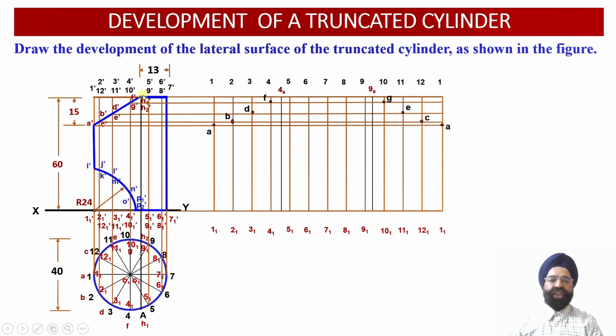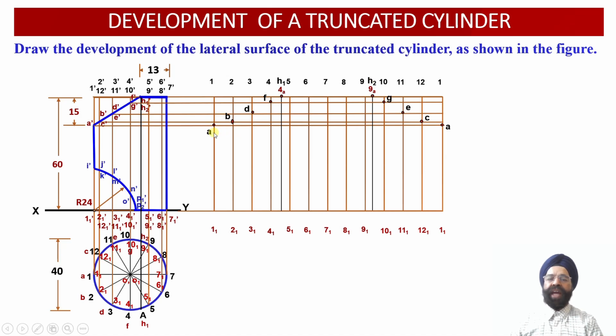Now the intersection of the horizontal projector line drawn through H1 dash with the top portion of this vertical generator 4A will provide us with the location of H1. Similarly, the intersection of the vertical generator 9A at the top with the horizontal projector line emerging from H2 dash will provide us with the location of the point H2 over here.